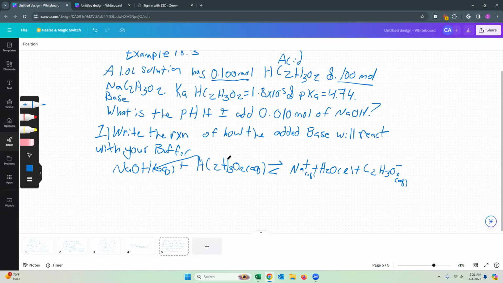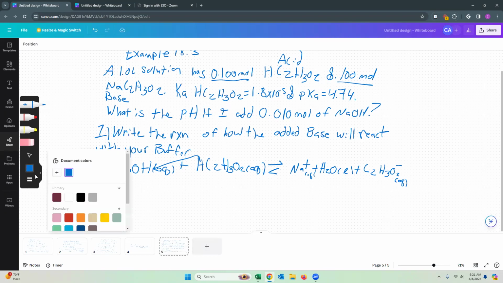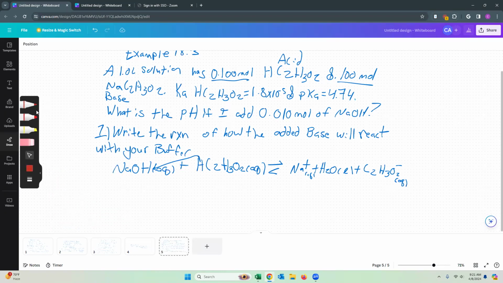Step two. I'm going to do a different color pen here. Write an ICE table. Remember, ICE tables: initial, change, equilibrium.